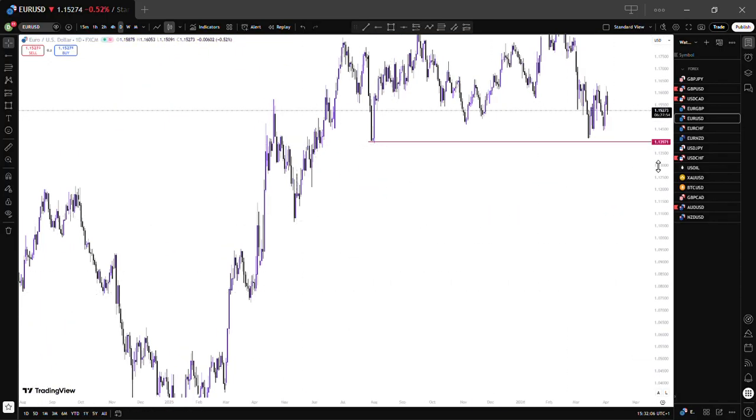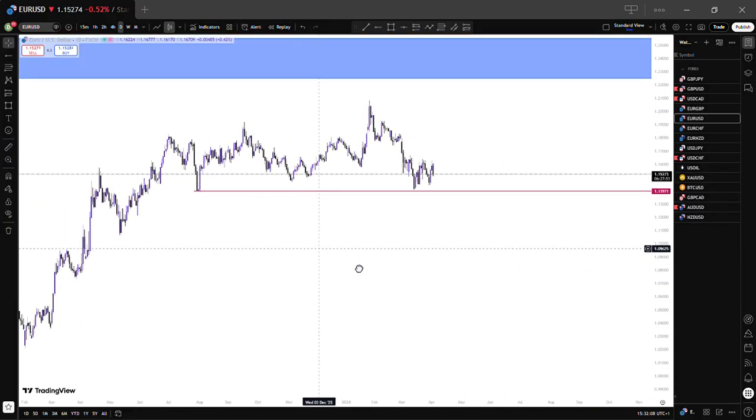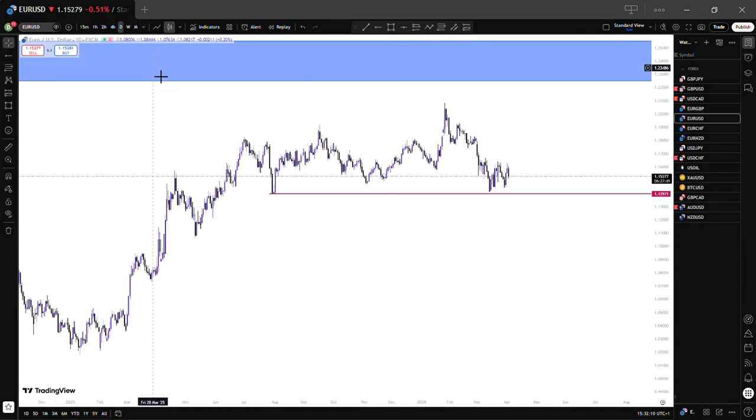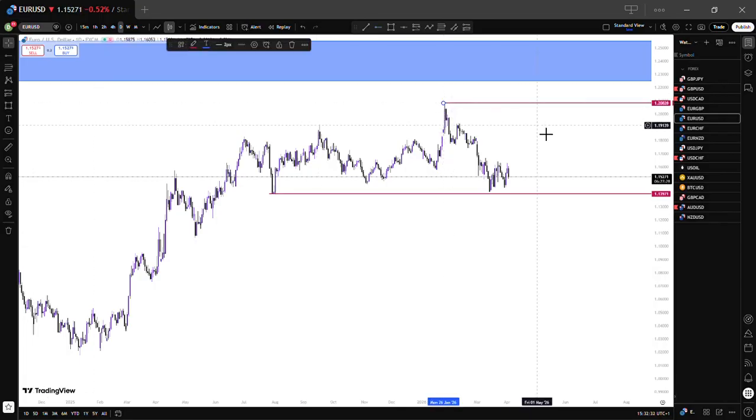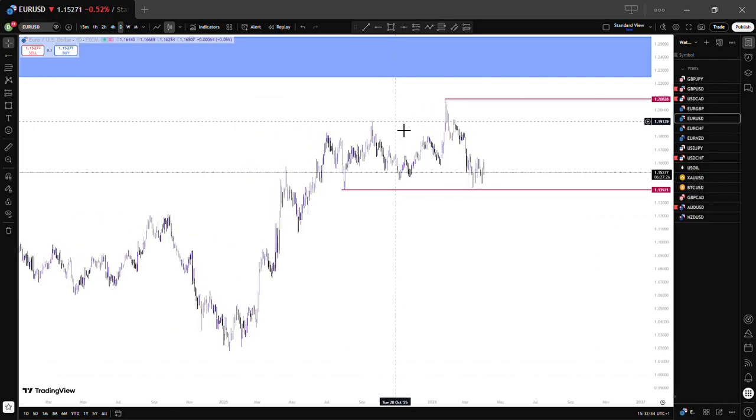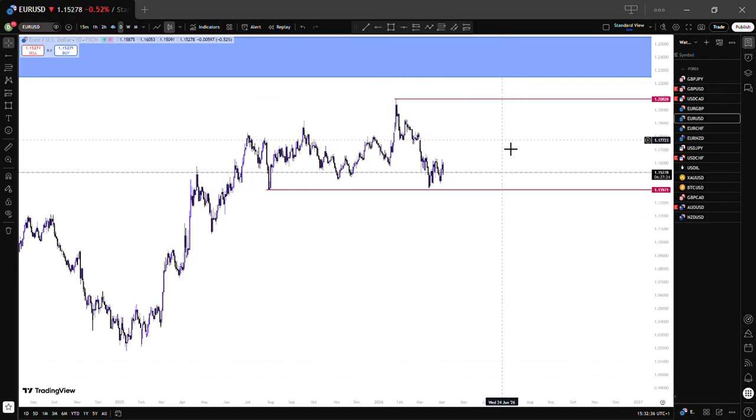Why we're marking out this low is because on the daily time frame, in this uptrend, this is the lowest point that is yet to be broken before we can call a change of character. Because ever since we have been on an uptrend, this is the lowest point, and this is the highest point that needs to be broken so that we can confirm our move to the upside.